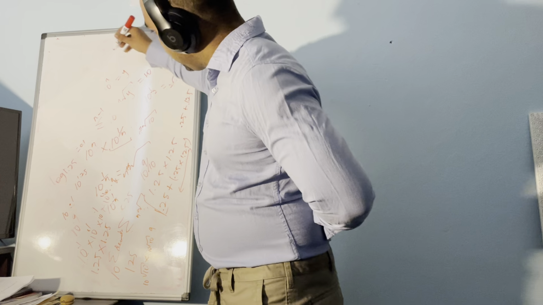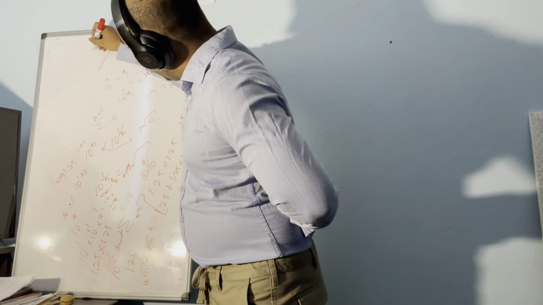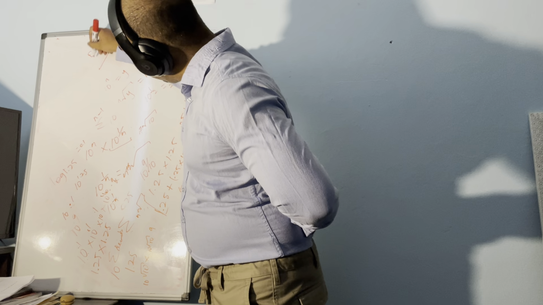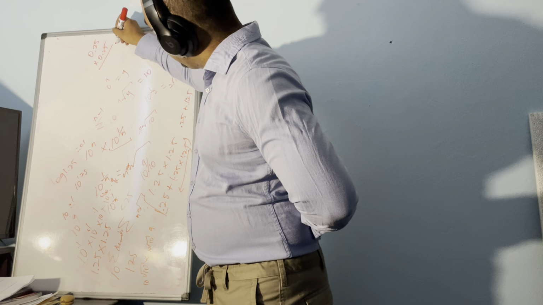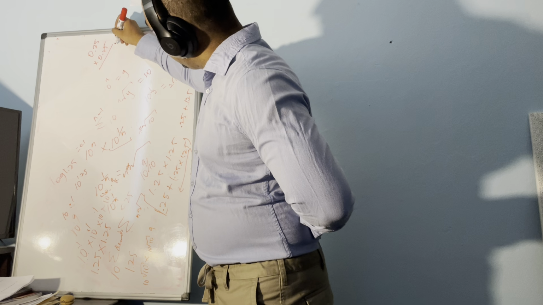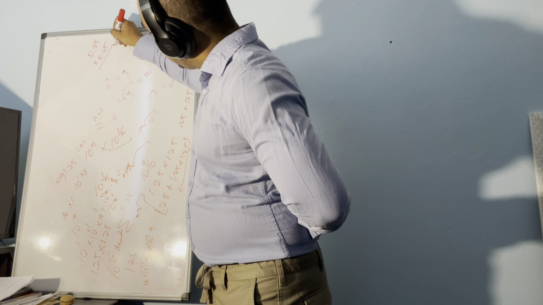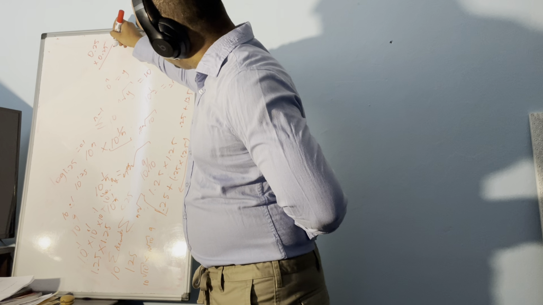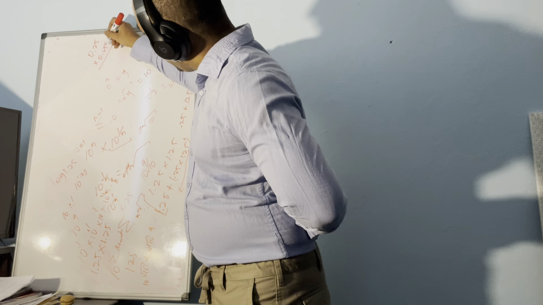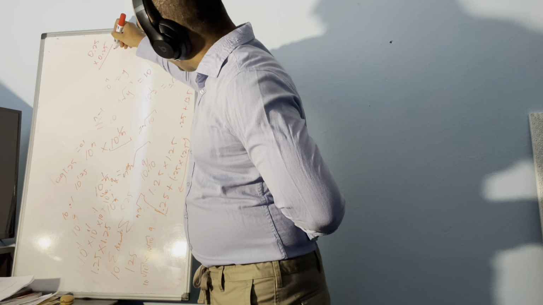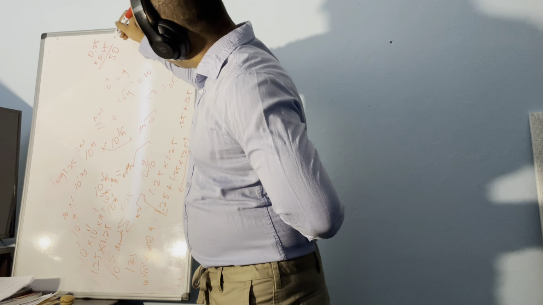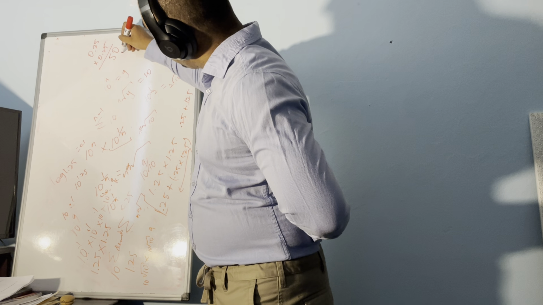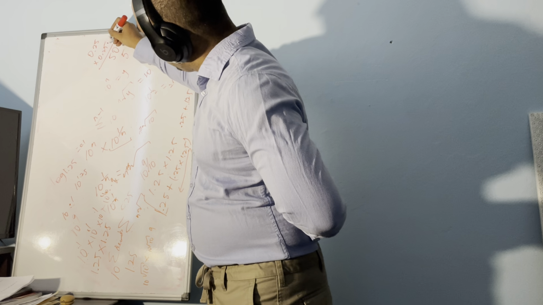So we will have to look at the multiplication, what's going on here. 0.25 times 0.25, you essentially multiply it.